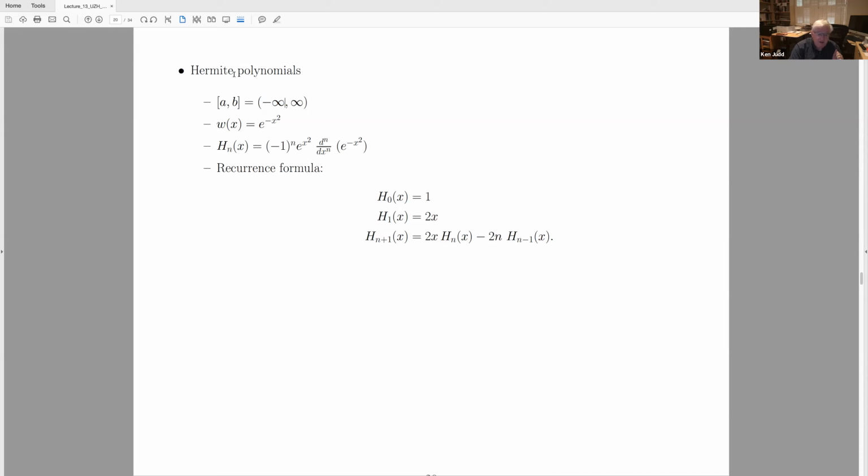And so now you're into Hermite polynomial territory. The official definition of a Hermite polynomial is this, which obviously isn't the polynomial expression, but the recurrence formula here will generate the Hermite polynomials.